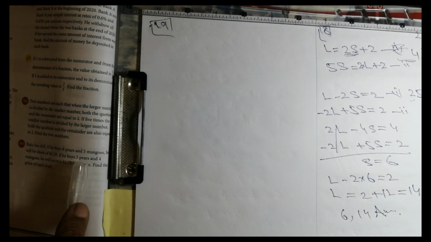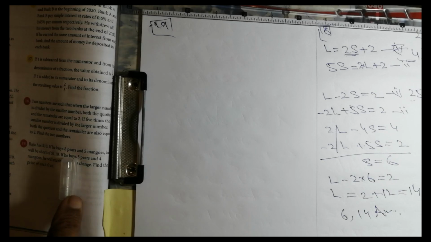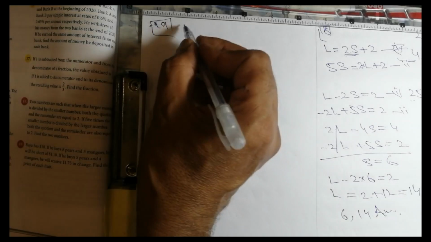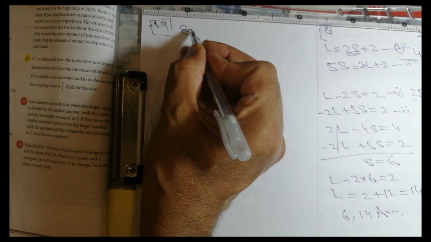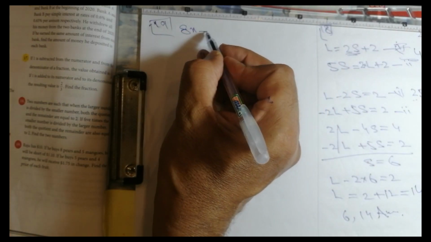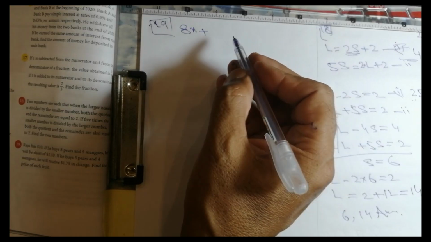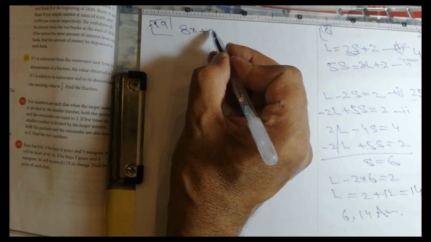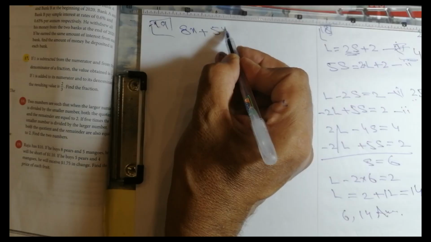So 8 pears and 5 mangoes. Let the price of 1 pear be x, and for 8 pears is 8x. For 1 mango, y, and for 5 mangoes 5y.